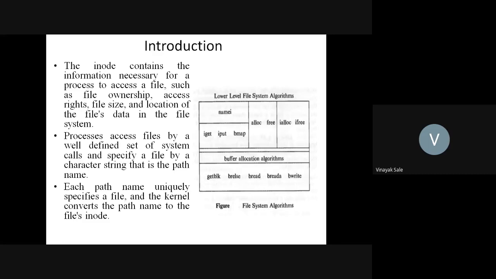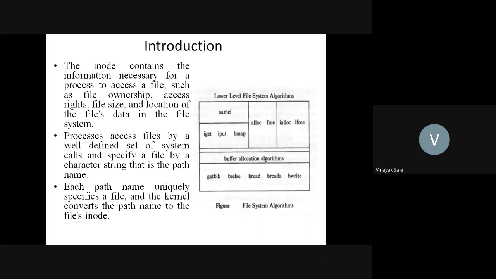As seen in this figure, the inode, that is, the index node, contains information necessary for a process to access a file, such as file ownership, file access rights, file size, and the file's data location in the file system.